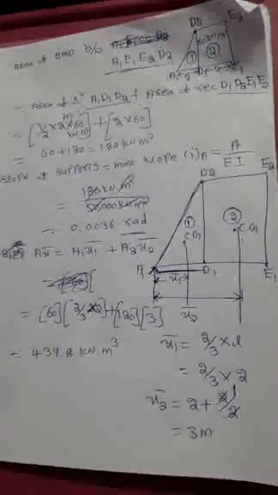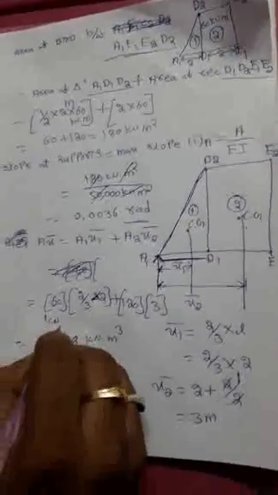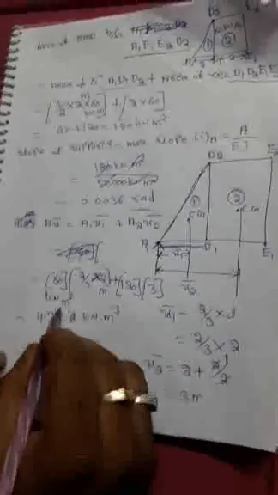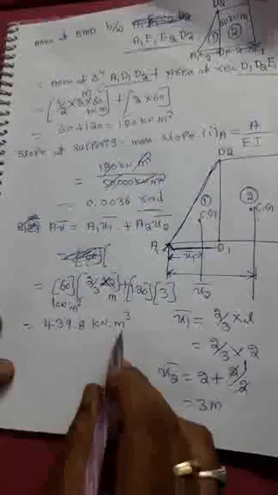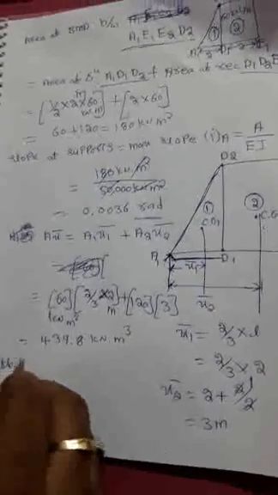Why? Because 60 is in kilonewton meter square, and the 2 is in meters, so kilonewton meter square into meter gives kilonewton meter cube.